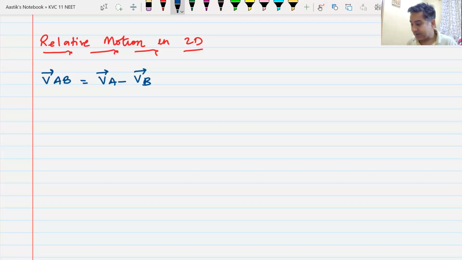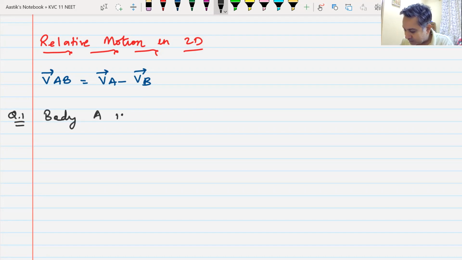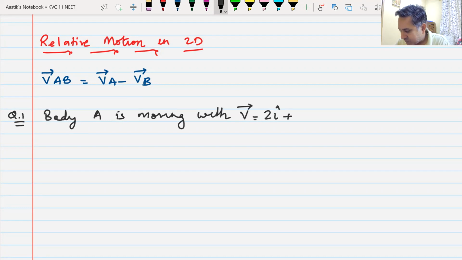Now to understand this concept of relative velocity of A with respect to B, let me put you a question. Question number one. Body A is moving with velocity 2i plus 3j.